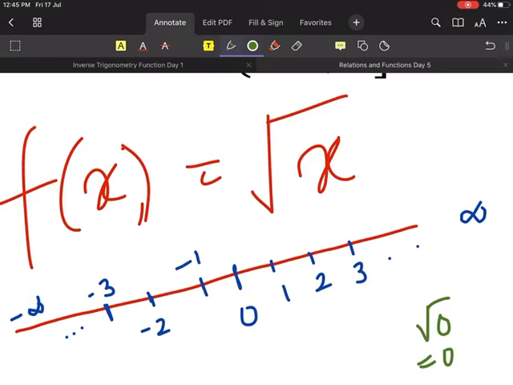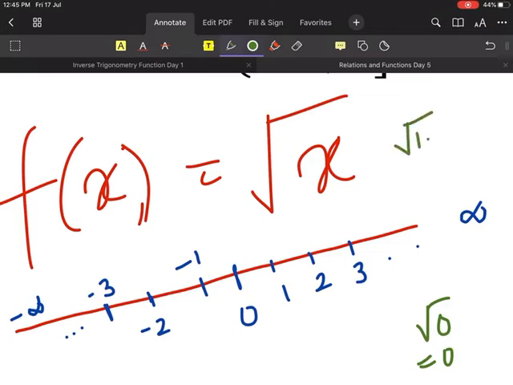Very good. Square root of 1. Is it defined or not? Square root of 1 is defined. Square root of 2. Square root of 3. Square roots of all positive numbers are defined, right?